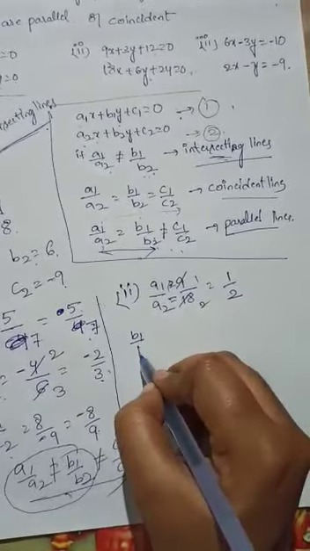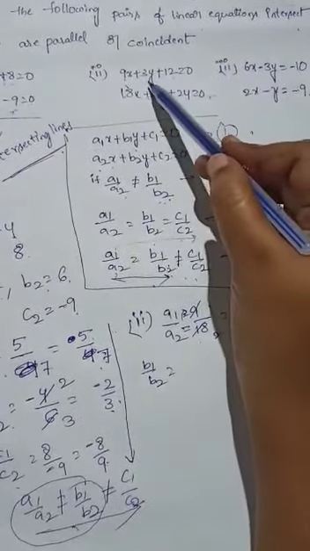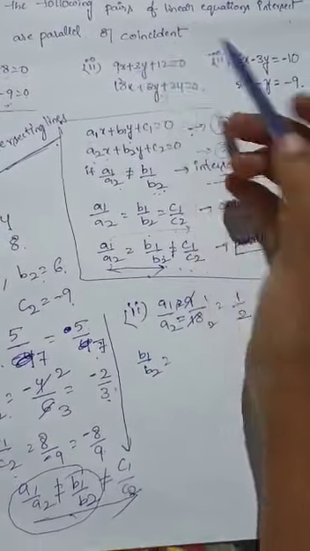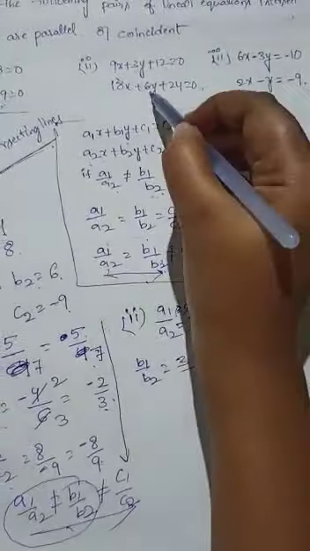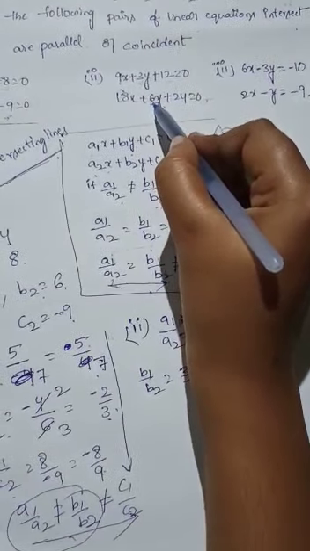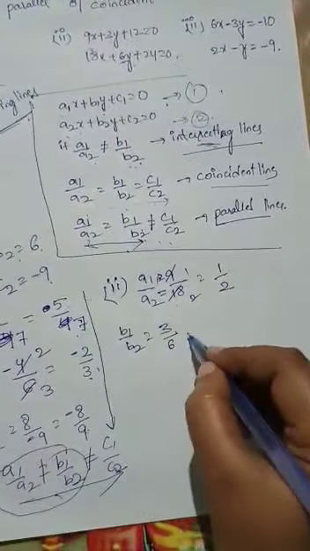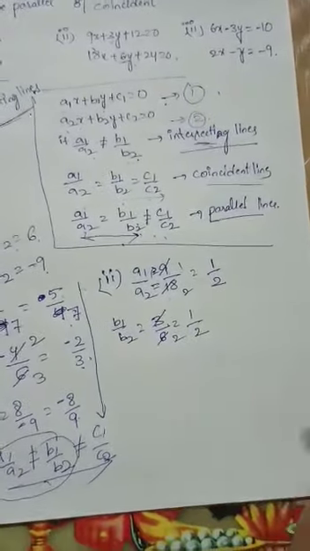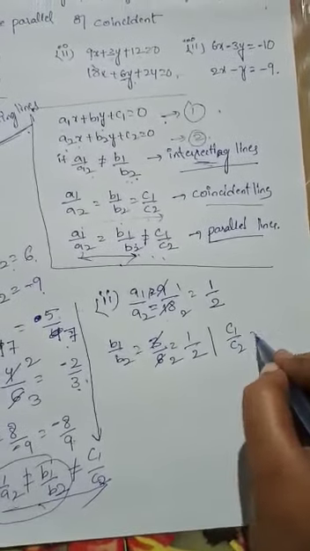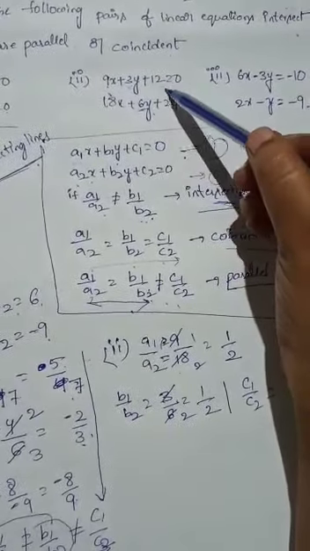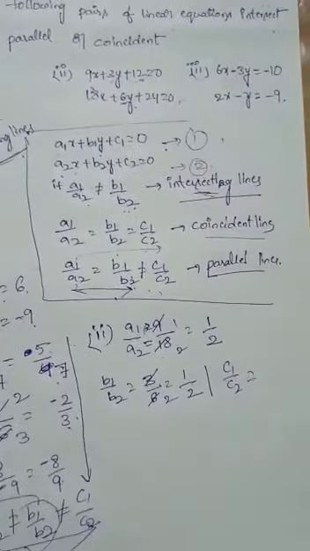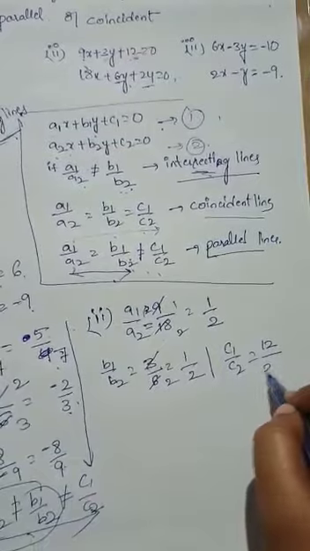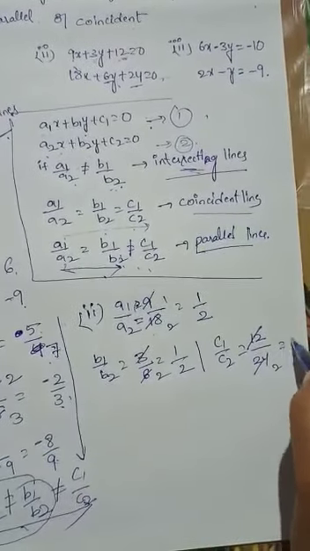What is b1? The y coefficient in equation 1 is 3, and b2 in the second equation is 6. 3 ones are 3, 3 twos are 6, so b1 by b2 is 1 by 2. Next, c1 by c2: c1 in equation 1 is 12 and c2 is 24, so 12 ones are 12, 12 twos are 24, giving 1 by 2.